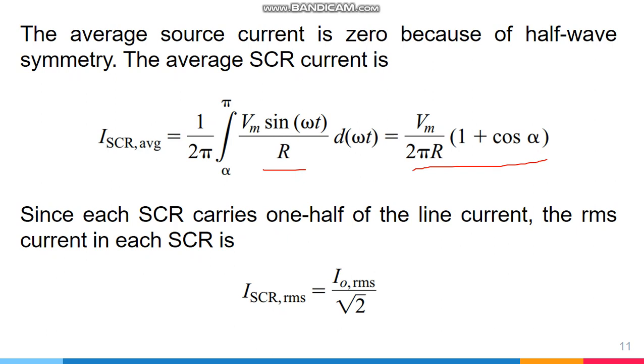This expression is maximum when alpha is equal to 0, so cos 0 is equal to 1. In that case I will get Vm over 2 pi R into 2. And similarly for other values of alpha we can calculate this average SCR current, since each SCR carries one half of the line current.